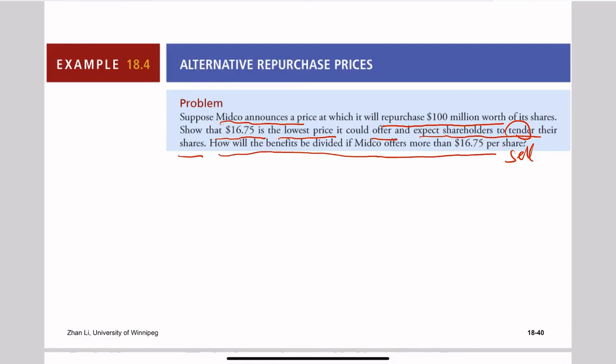Well, you can just start with a share price smaller than 16.75, and you can see what will happen. Let's assume a purchase price of $16. If the firm has $100 million of cash from issuing the debt, how many shares can the firm purchase? Well, it's 100 divided by 16, so I guess it's 6.77 million.